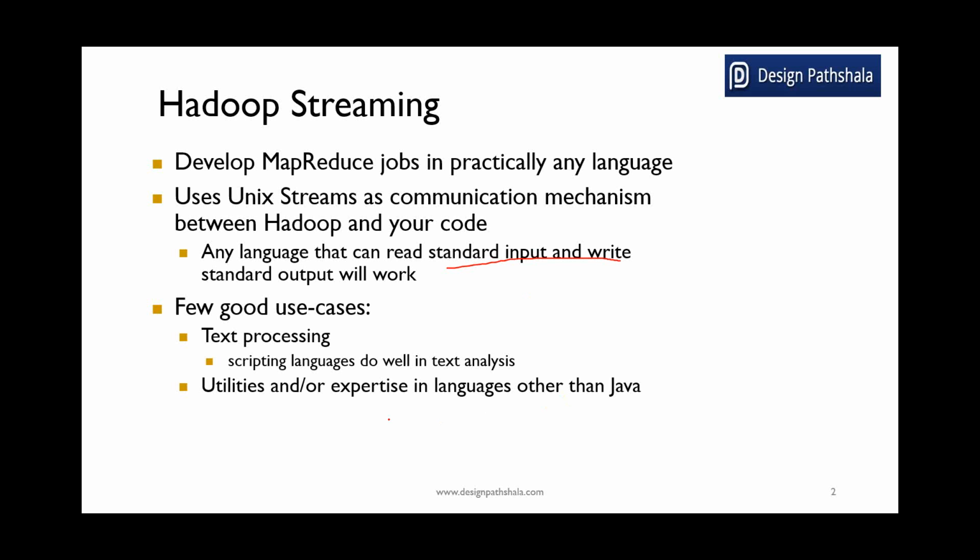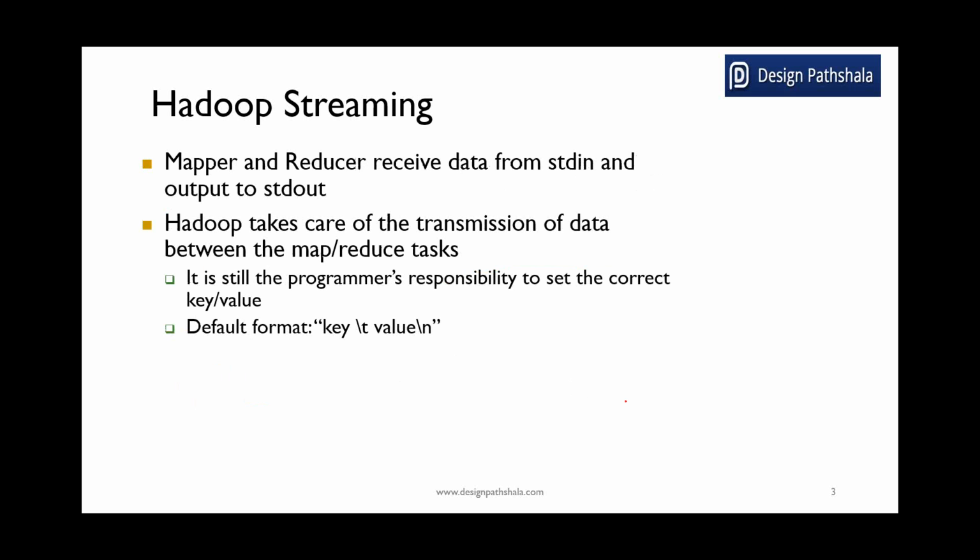This is pretty useful for people who are not acquainted with Java and have to use their own languages which they are familiar with. So you write your mapper and reducer. Only the thing is the mapper has to listen on stdin and the reducer has to write on stdout, and the rest all remains the same. So your mapper will get your key value pair.